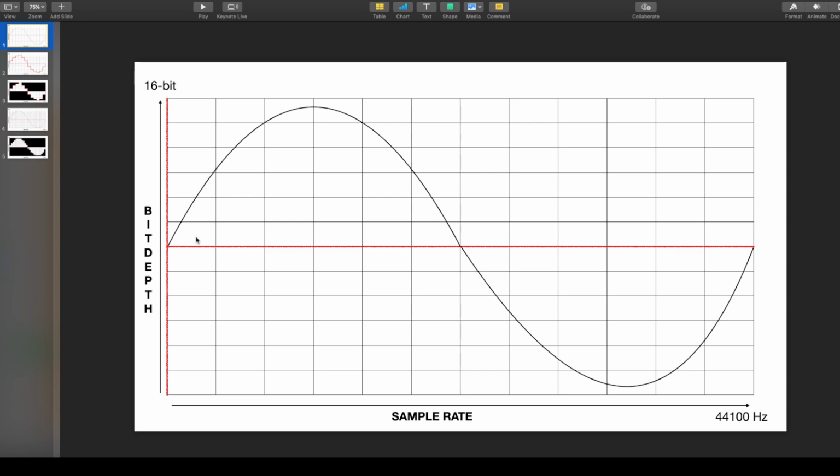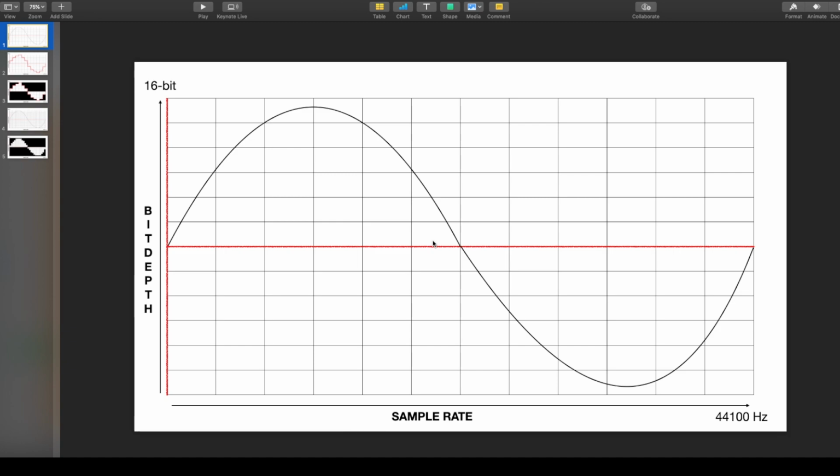Now, what this tells us is that whenever I want to record a certain frequency, right? This sine wave is going to have a certain frequency associated to it. Let's say this is a 60 hertz frequency. To record a 60 hertz frequency, I need double the sample rate of that.